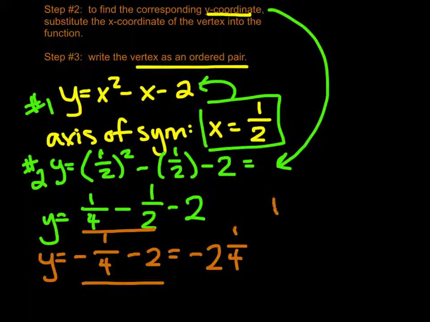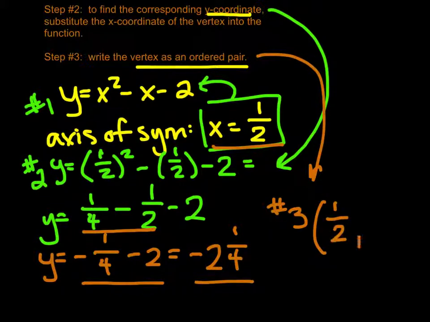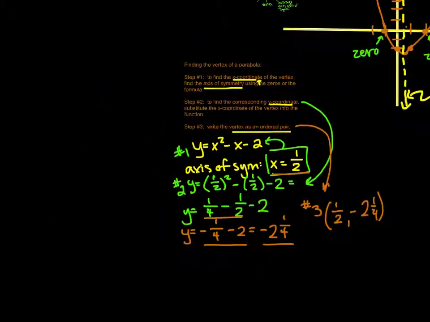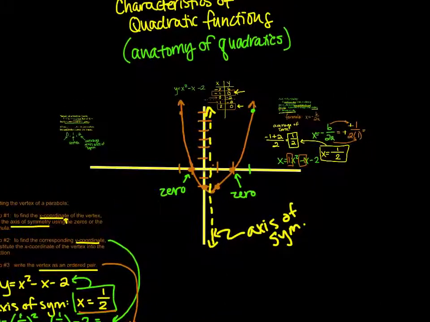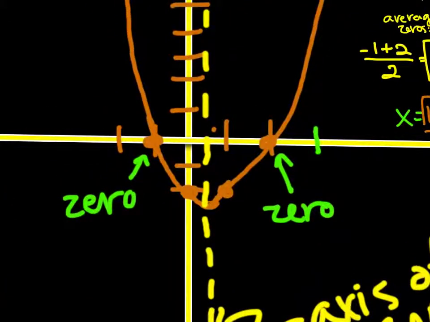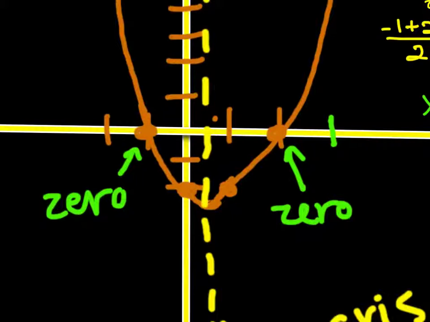Step number 3 is simply writing our x and our y as an ordered pair. So we have 1/2, negative 2 1/4 as our x and y coordinates. So let's see if this makes sense for our equation. We need to see a vertex at 1/2 and negative 2 1/4. It looks like, can't see exactly, but we're definitely at 1/2 on the x-axis, and we're at 2 and a little bit more.